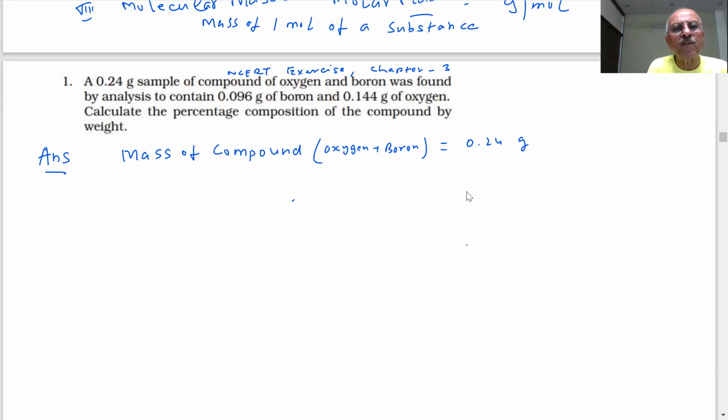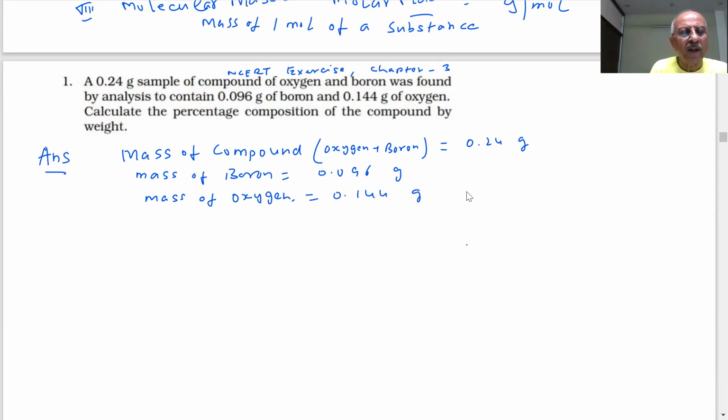Was found on analysis to contain, how much is the mass of boron in it? Mass of boron is 0.096 gram. And what is the mass of oxygen? Mass of oxygen is 0.144 gram.